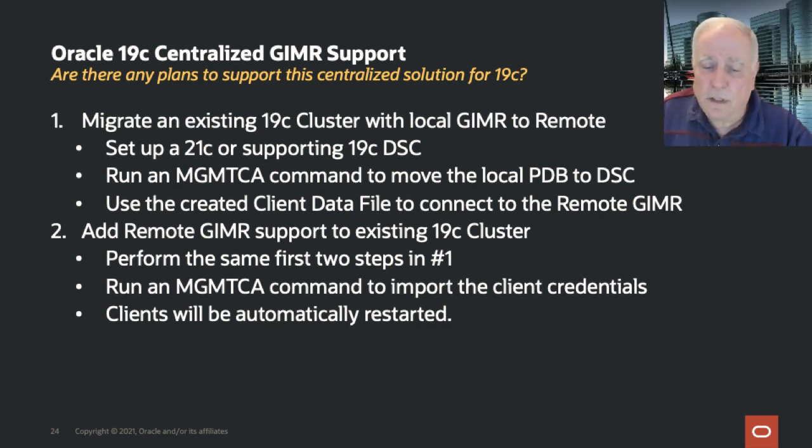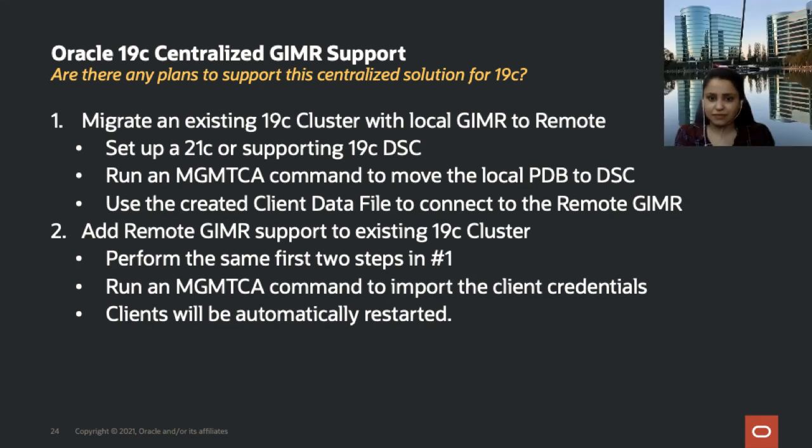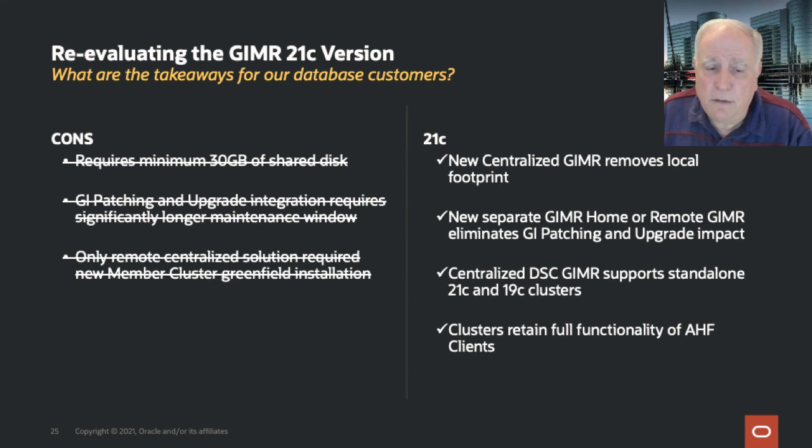Well, this really sounds like a compelling feature in 21C and soon 19C. I believe you really have addressed all of the cons associated with the GIMR. You've eliminated the shared disk space requirement on my local production cluster.